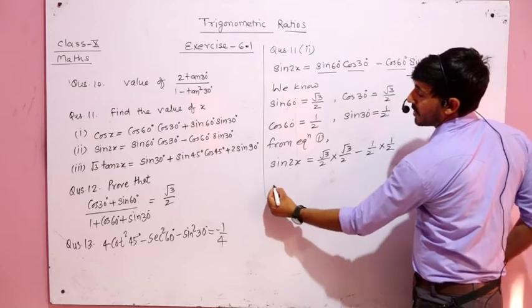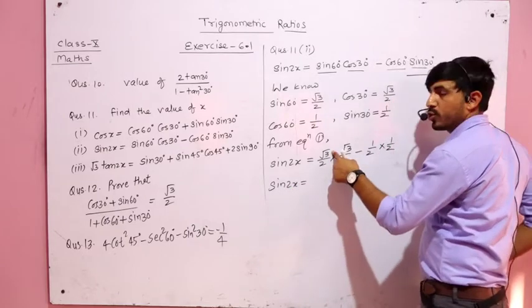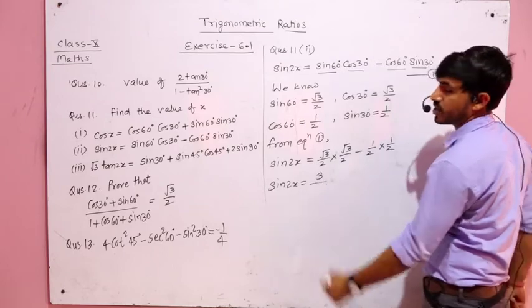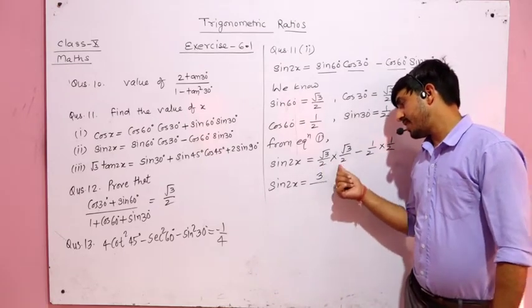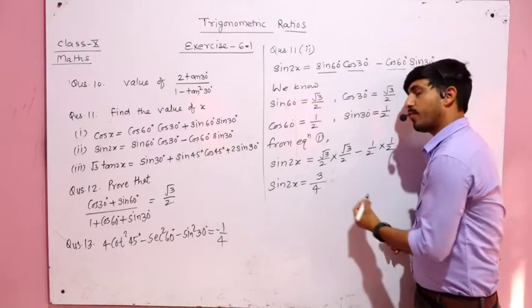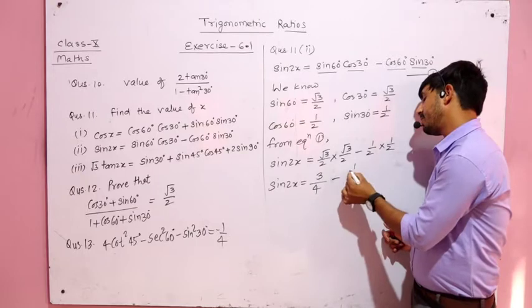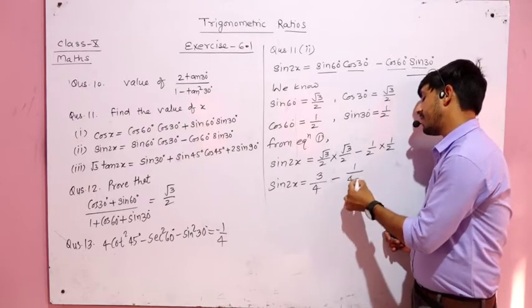It means we can write sin 2x is equal to root 3 multiplied by root 3, that means we will get 3 by this term. And here you can see 2 multiplied by 2, that is we get 4, minus 1 multiplied by 1, that means we will get 1, and 2 multiplied by 2, that means we will get 4.